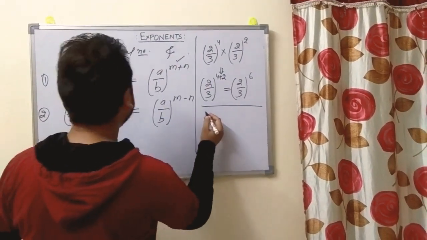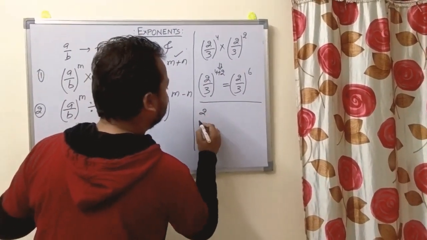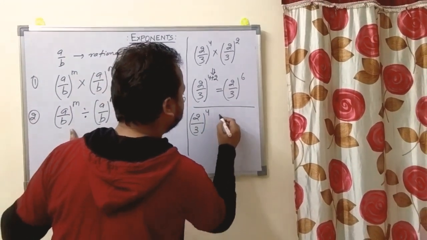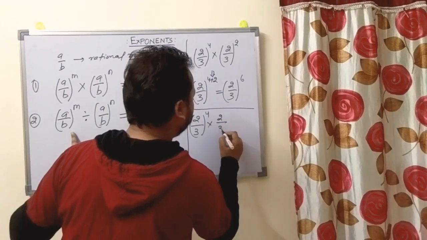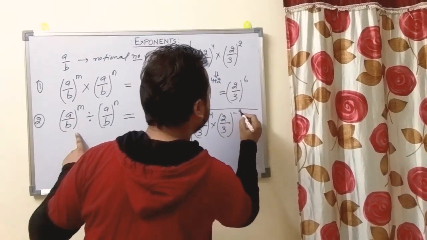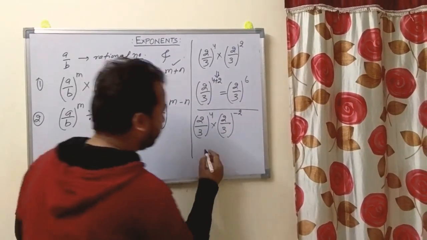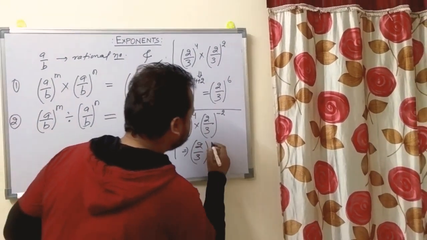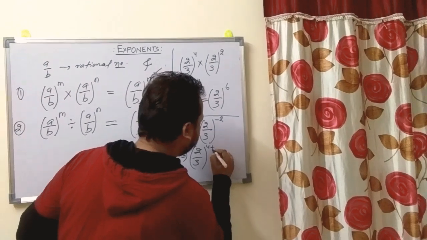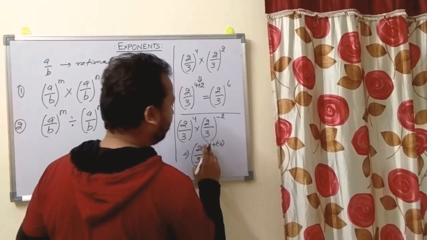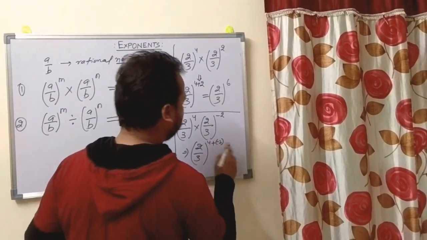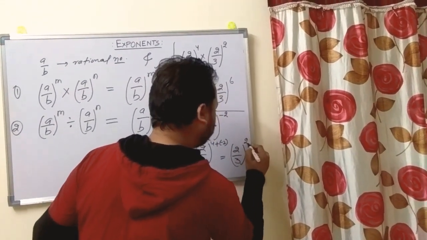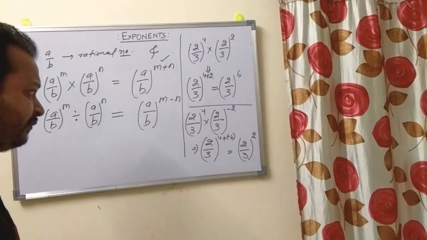If it is written as (2 by 3) power 4 multiplied by (2 by 3) power minus 2, right? So 2 by 3, add the powers, 4 plus minus 2. So take the difference of 4 and minus 2. The answer is (2 by 3) power 2, right?